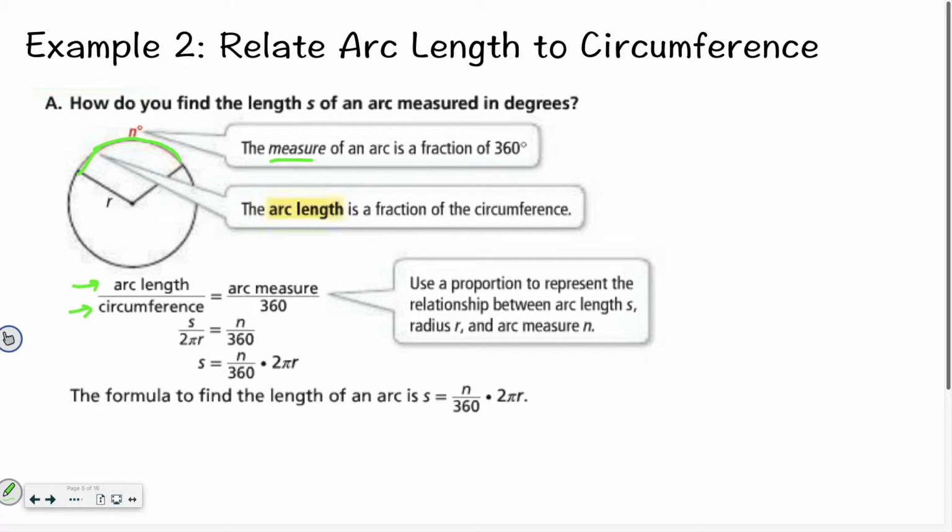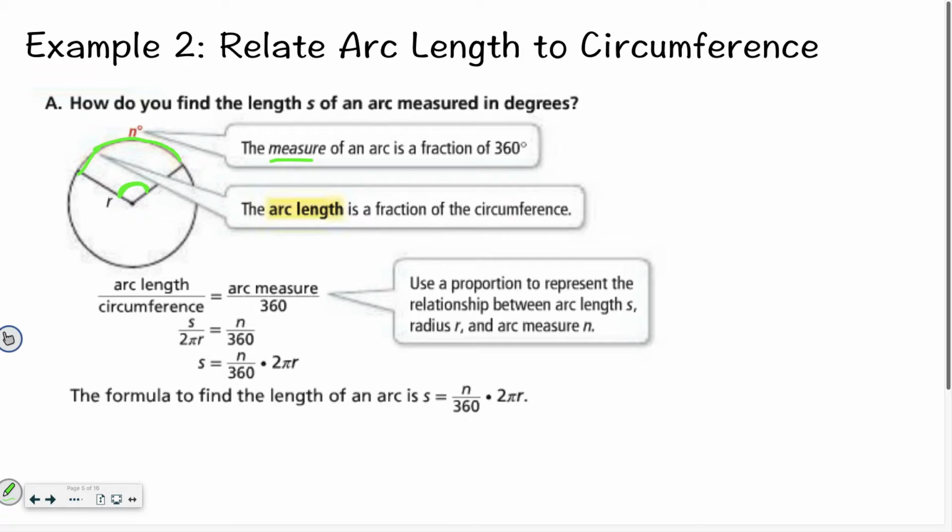Then the way that we can solve for the arc length is we take the arc measure, so whatever that central angle is, and we put it over 360 degrees, because it's whatever that angle is over the entire circle. So we do arc measure over 360. If we fill in with some variables there, we would have S over 2 pi r.